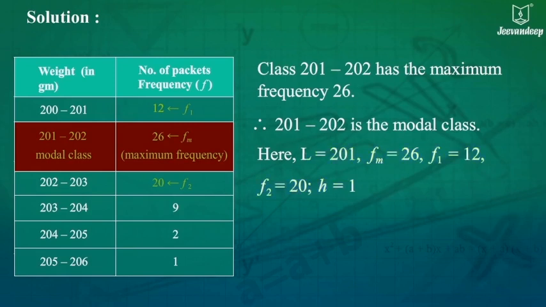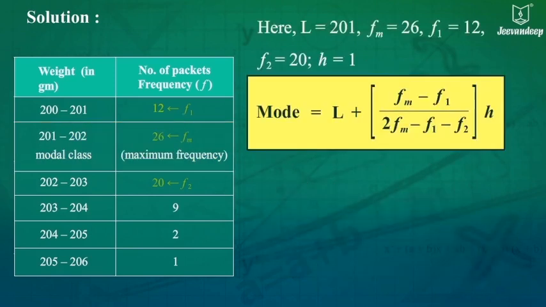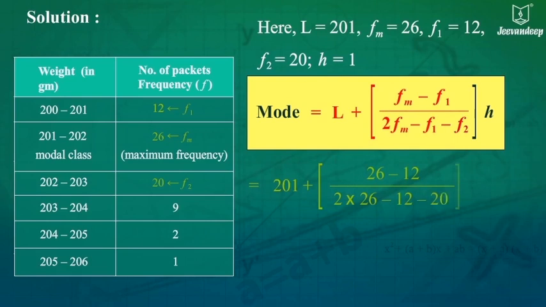As mode is given by the formula L plus (Fm minus F1) upon (2Fm minus F1 minus F2) multiplied by H. Putting the values, we get 201 plus (26 minus 12) upon (2 multiplied by 26 minus 12 minus 20) multiplied by 1.